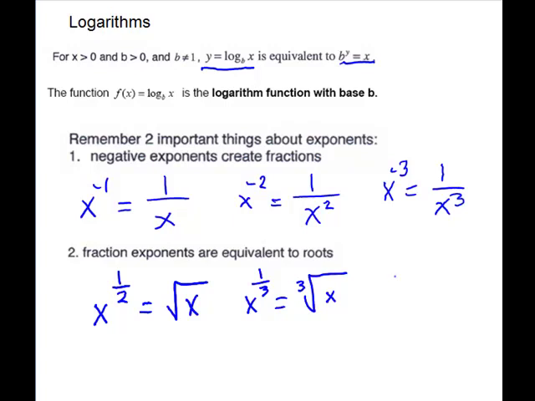X to the 2/3 is the cube root of x, and you can choose where to put the square. It can go inside or it can go outside. So it could be this way or it could go on the outside.